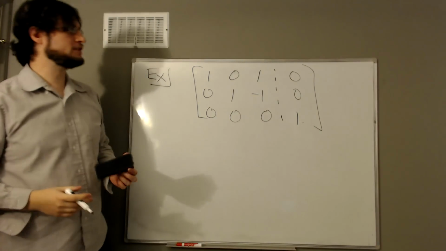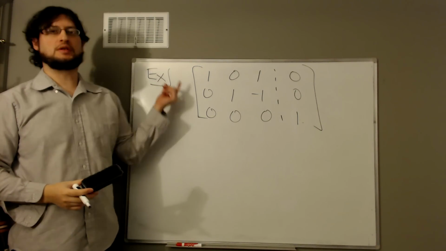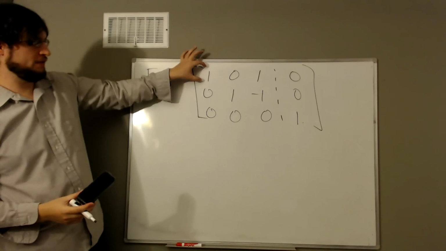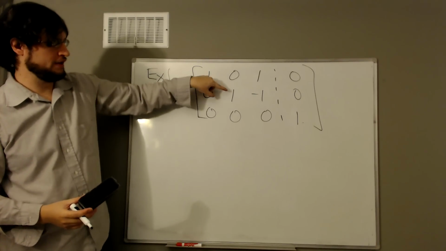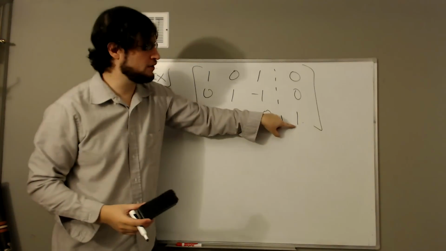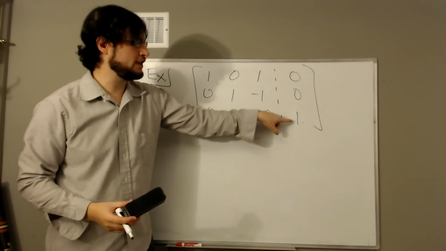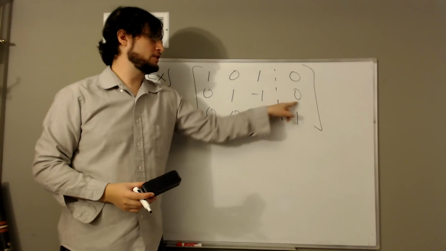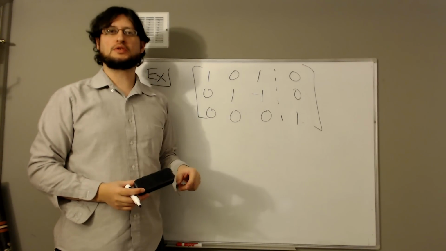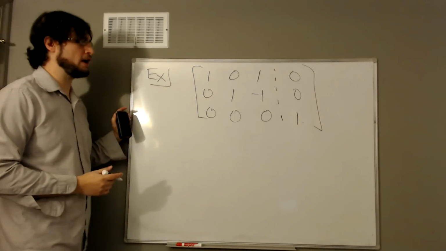Notice that this is actually reduced as much as possible. Pivot, zeros below, pivot, zeros above and below. Next pivot is over here, down and across until I get something that I can actually work with. And I turned it into a 1 and then zeros above and below. So this is actually reduced as much as possible.